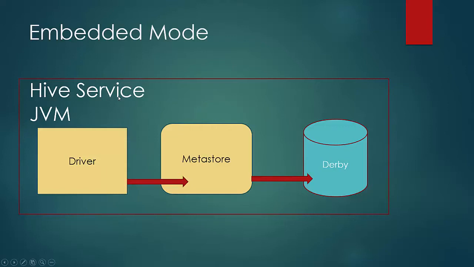Whenever we start a Hive server process, both the processes get started. This is the default metastore deployment mode in Cloudera distribution of Hadoop. Even though configuring this mode is quite easy, it is not recommended for production. The drawback in this mode is that it can provide support only to one active user.